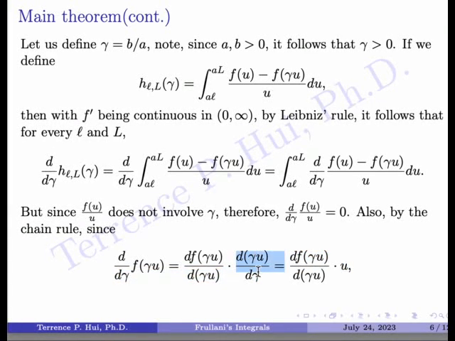What is the derivative of gamma u with respect to gamma? Remember, you are differentiating gamma u with respect to gamma, so u is just a constant. So gamma u is the same as u gamma, right? And what is the derivative of u gamma with respect to gamma? It's just u, okay? So this second piece is just u. This first piece stays the same, df(gamma u)/d(gamma u).